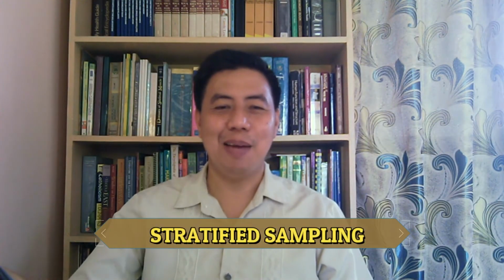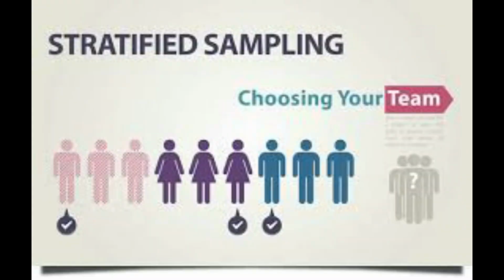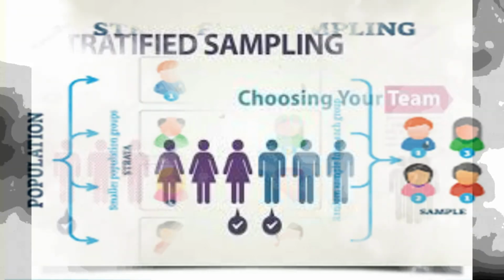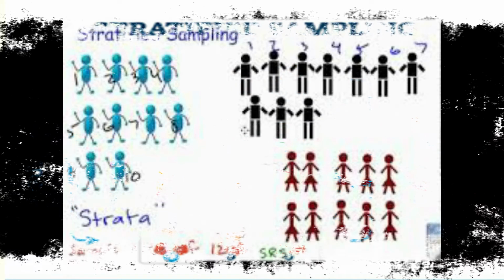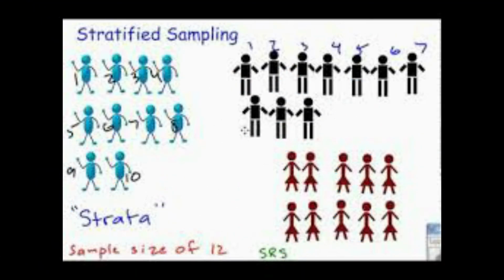Stratified sampling naman. Stratified sampling came from the word strata. Okay? So, ang ibig sabihin yan, group. So, paano ito? In this type of sampling method, ang ginagawa natin is we will first classify the population.